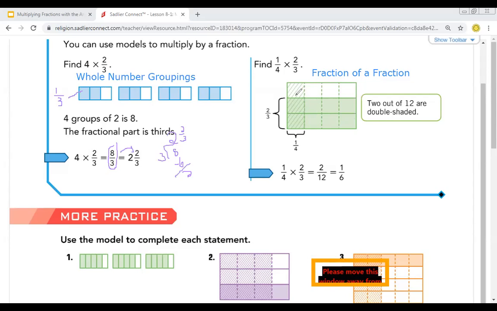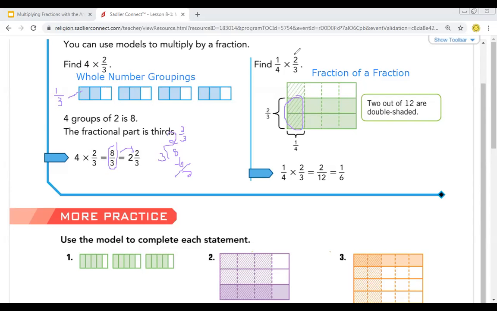So you're going to represent it by an overlap and shading. Whichever part is overlapping, that's the part that represents the answer, the solution to the problem. So if you can look over at this piece that has both the green and the lines, that would represent the answer. That's the fraction of the fraction. That's the part of the part.